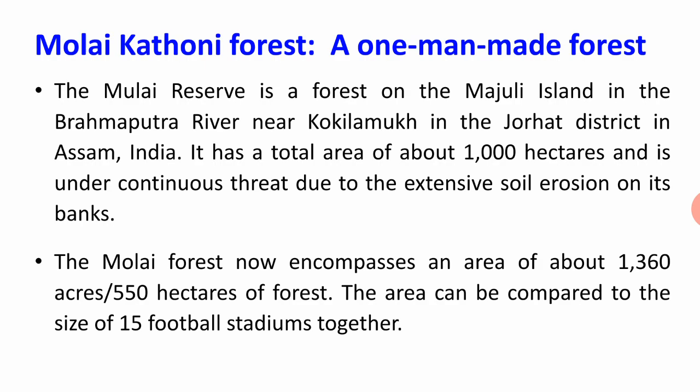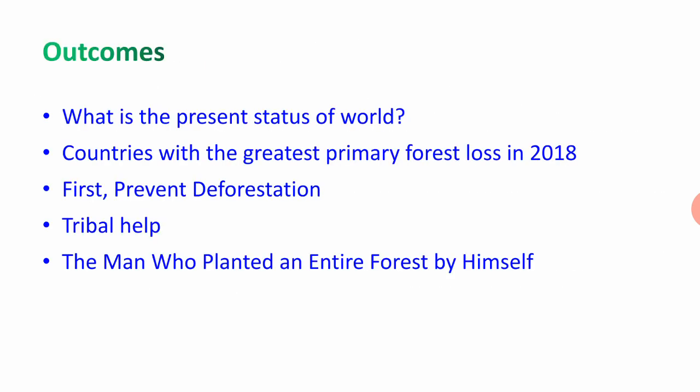Because as we know, when there are more trees, erosion is going to be less. Out of 1,360 acres, around 550 acres is forest. That means he planted a number of trees, converted the land into a forest and reduced the soil erosion.